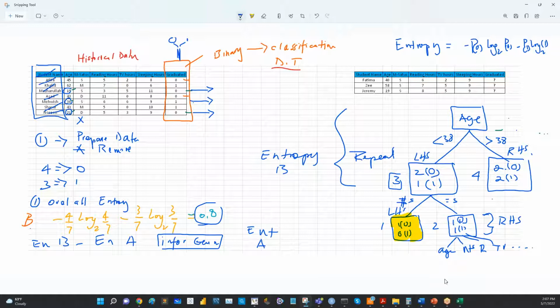And we are going to calculate the entropy of all of these. Then we are going to subtract and keep only one splitter. And this is how a decision tree works from the top all the way to the end.